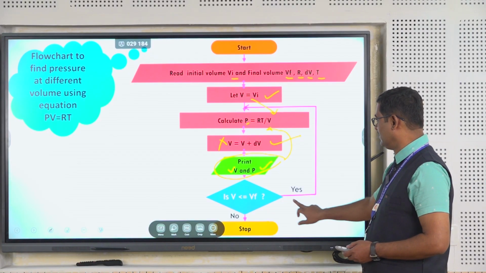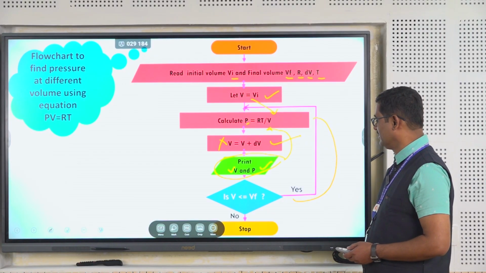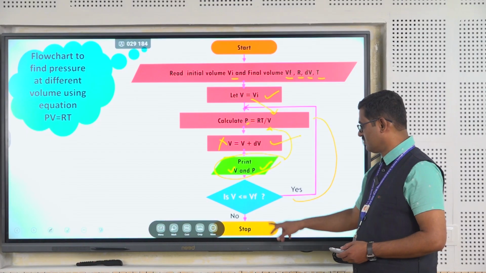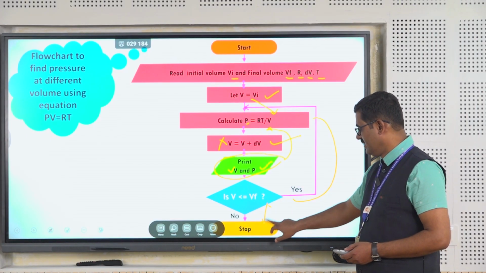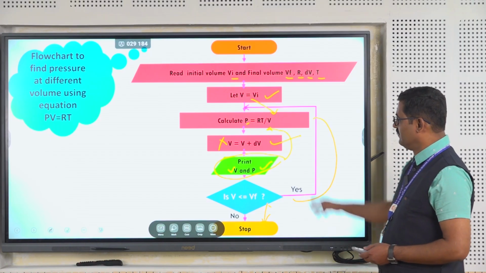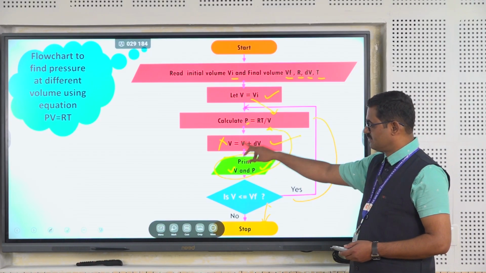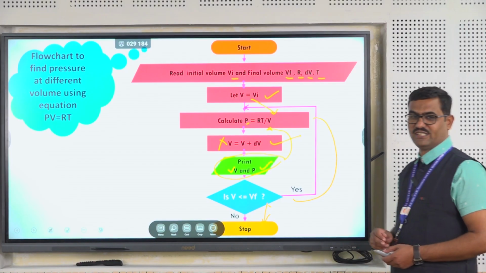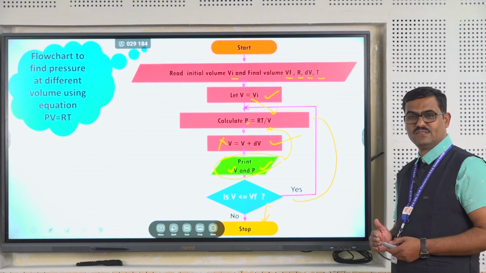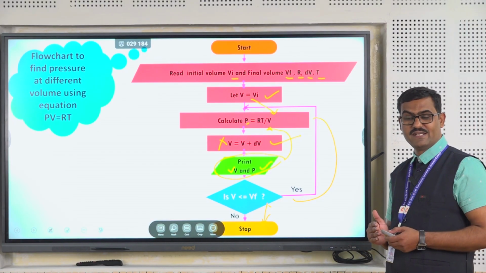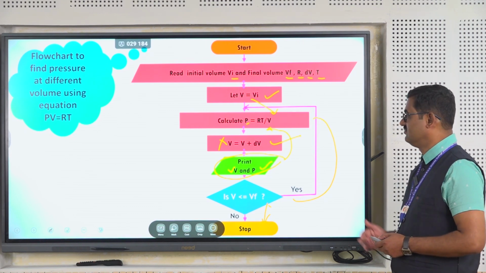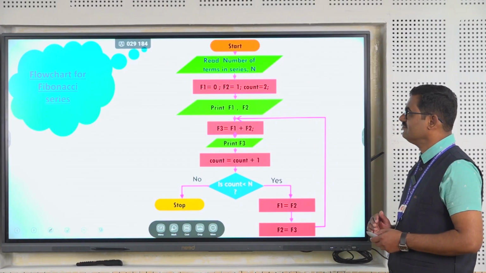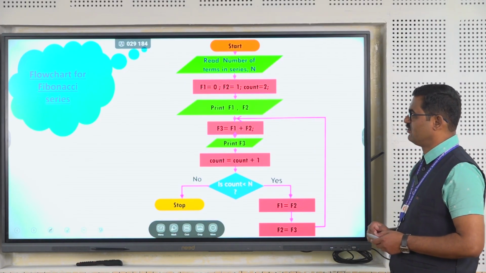If it is so, then go and again calculate the pressure, and once it becomes greater than the final volume, then stop. So purposefully I have added this mistake in this flowchart. While printing the values, you must understand at what stage you want to print the value of that particular problem.